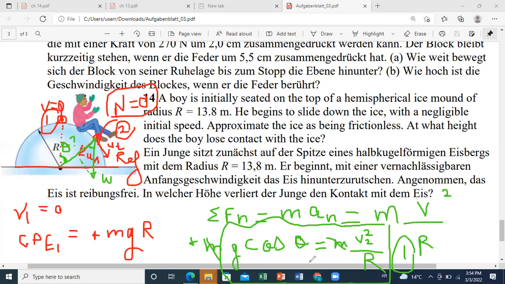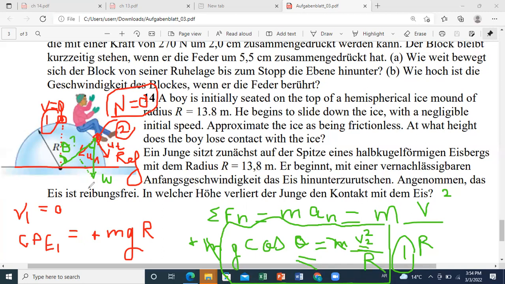But this is not enough. I need another relation between theta and the velocity at state 2. Because the only force acting on the boy is the weight, we can apply conservation of mechanical energy.